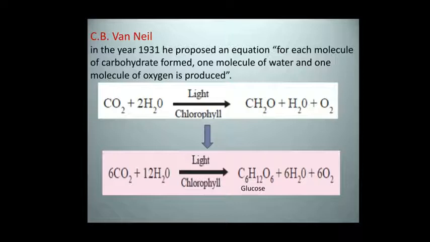For every molecule of carbohydrate formed in the plant, the same amount of water and oxygen is formed. See here, 6 molecules of carbon dioxide and 12 molecules of water combine to give C6H12O6, a glucose molecule, and 6 molecules of water and 6 molecules of oxygen are released.